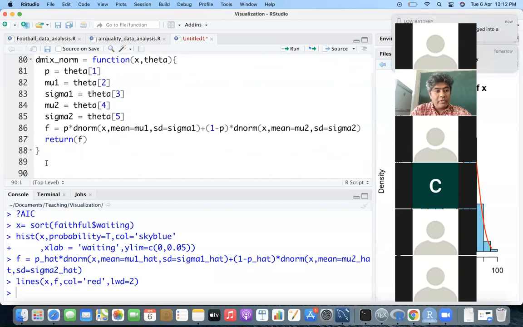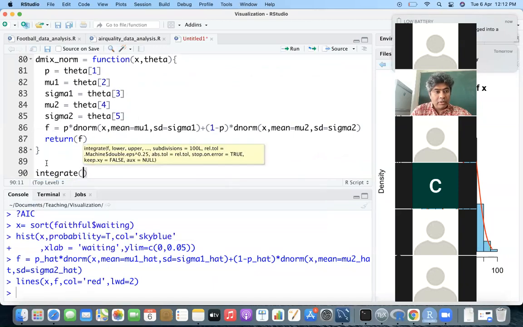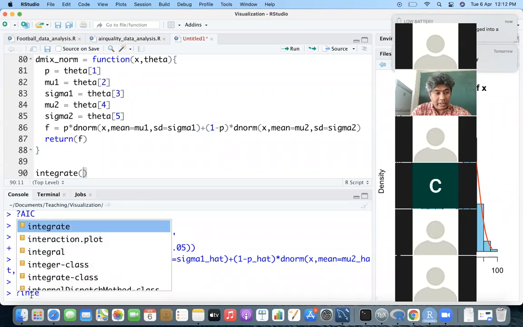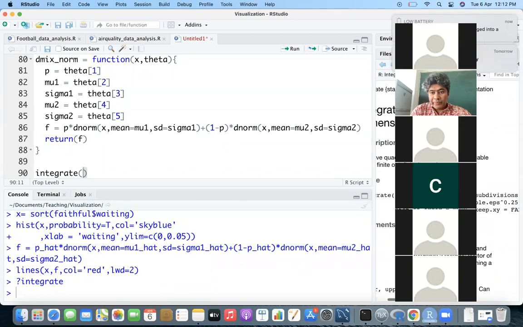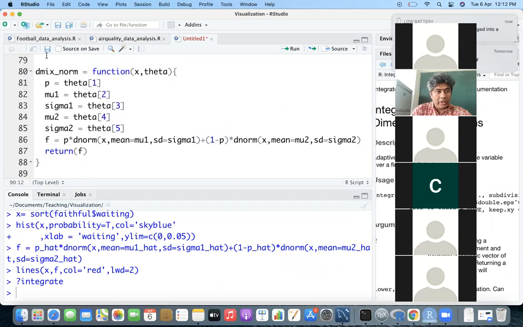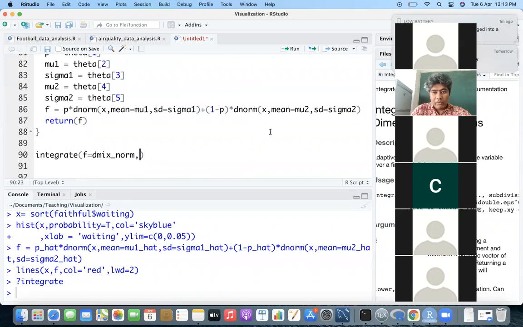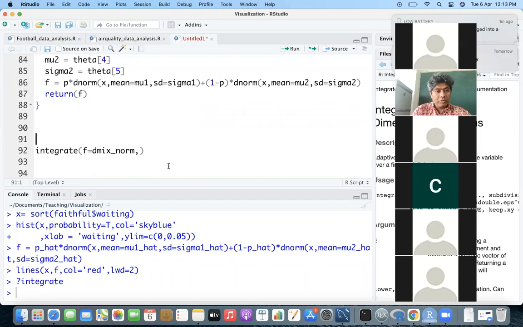And then I'm going to integrate. There is a numerical integration method available, integrate.